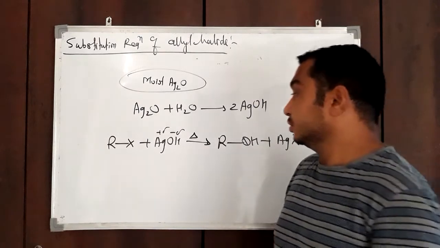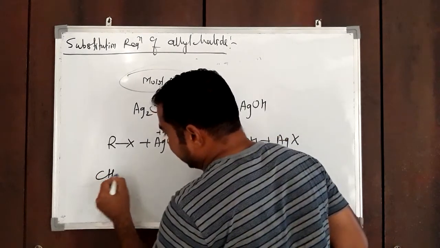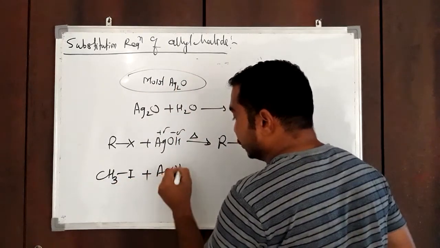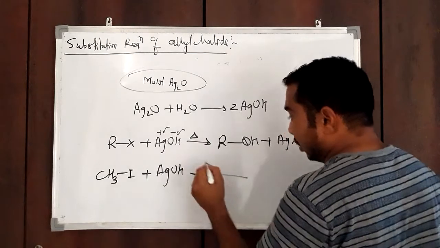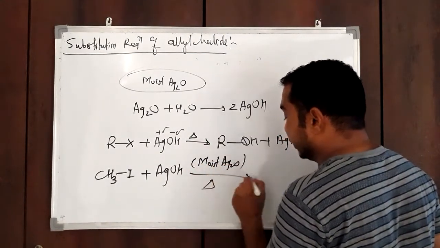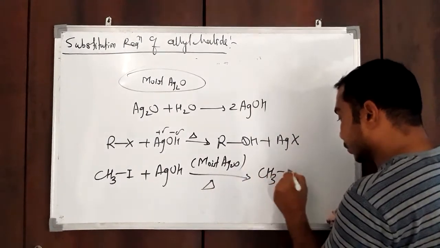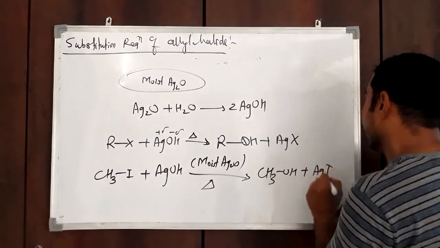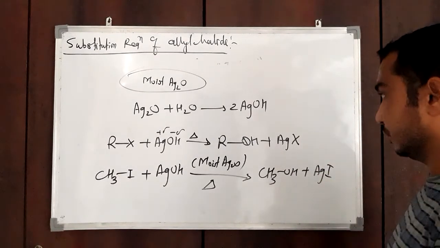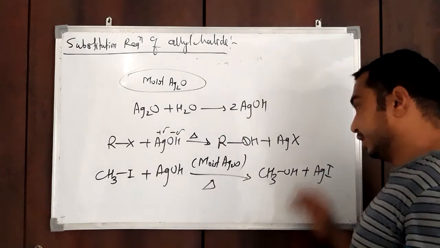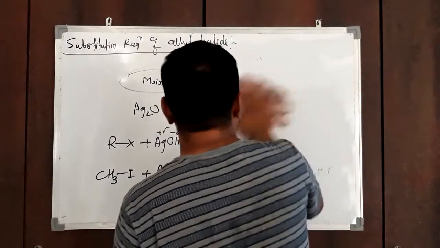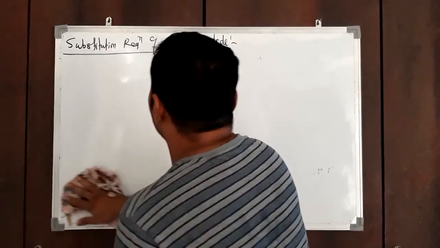Take the example of methyl iodide, CH3I, plus AgOH, obtained from moist Ag2O. Just heat it, you will get CH3OH plus AgI, silver iodide, a salt. It is very simple to isolate this AgI; we can easily separate it from the alcohol. So these are the two reactions by which we can prepare alcohol by using alkyl halide.